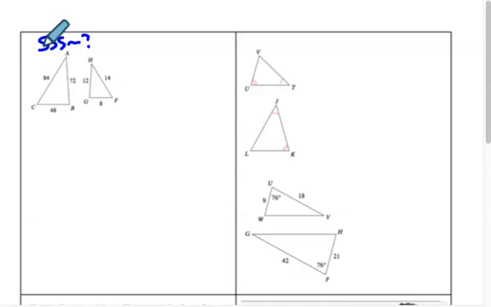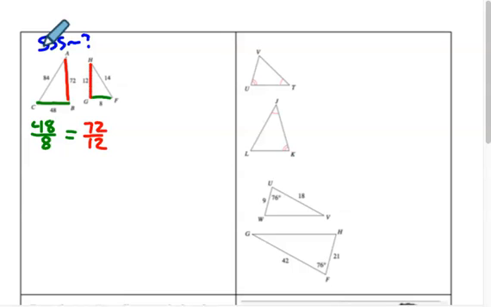So you're trying to see if there's a common ratio between these. So the first thing we want to look at is one of the pairs of sides. So maybe 48 and 8. So this is 48 over 8. We want to see if that's equal to, pick another one, 72 over 12.